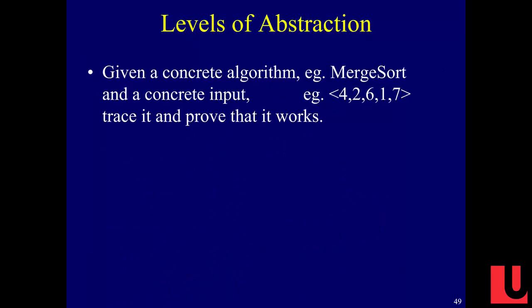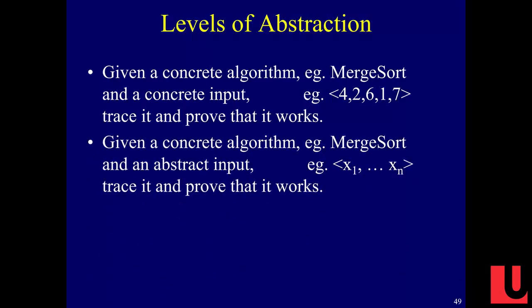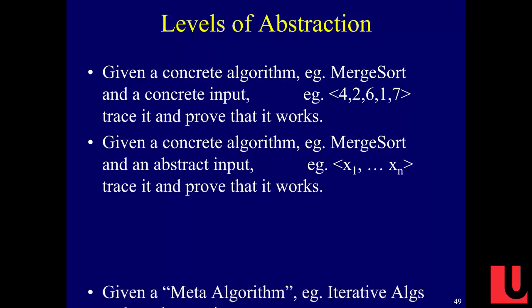So here are some levels of abstraction. I could tell you a concrete algorithm. I could give you a concrete input. We could trace it out. We could say, look, it gives you the right answer, right? Or we could do a little bit more. We have a concrete algorithm with an arbitrary input, which proves that for every input, it gives you the right answer, right?